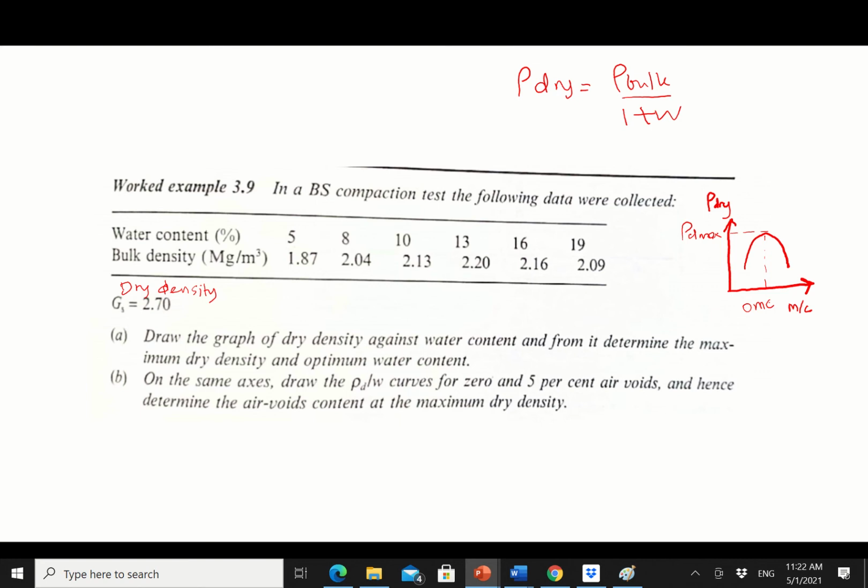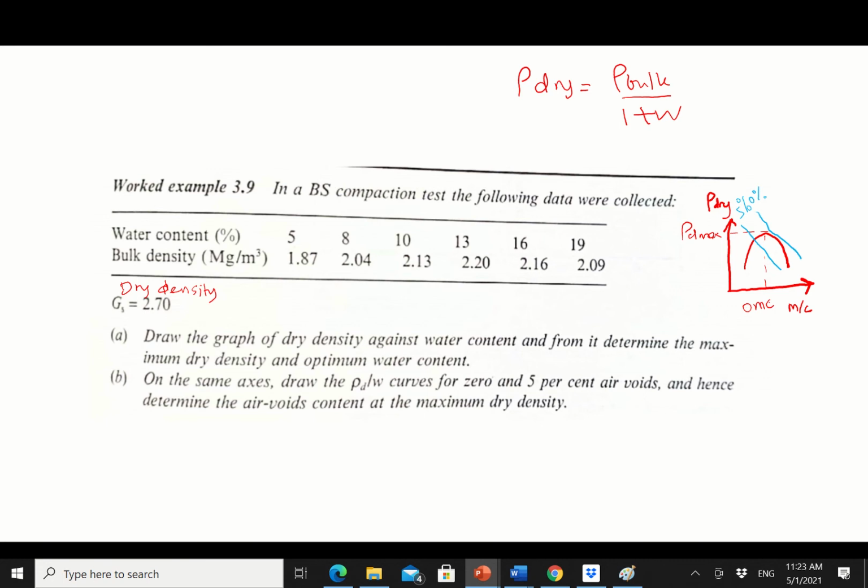So you apply the equation that you already know, the equation for air void, and next you can get the line for air void content 0%, and then the line for air void content 5%. What I'm sketching here is the rough idea of the expected outcome for this particular compaction question.